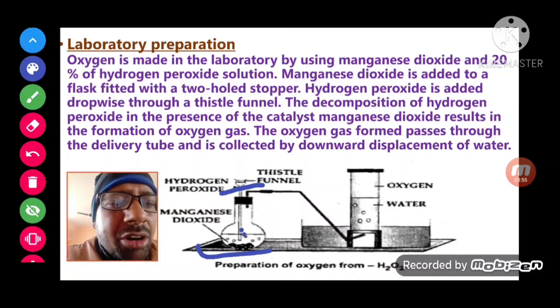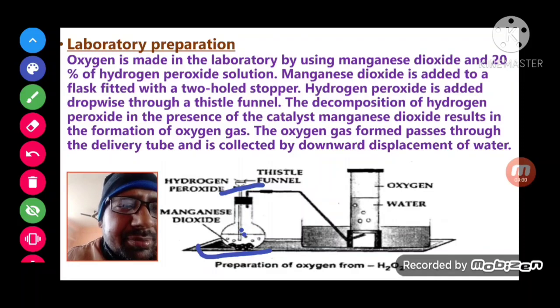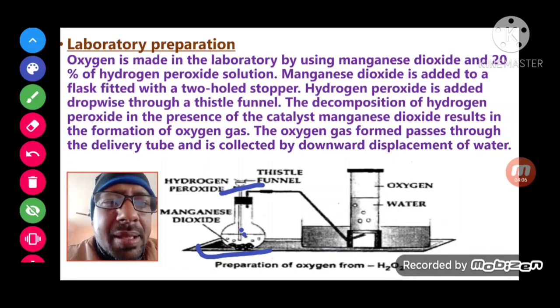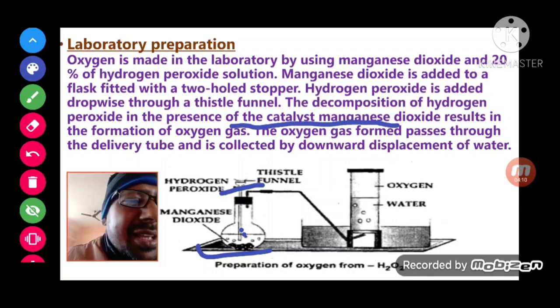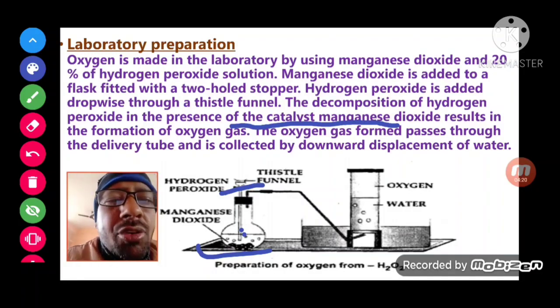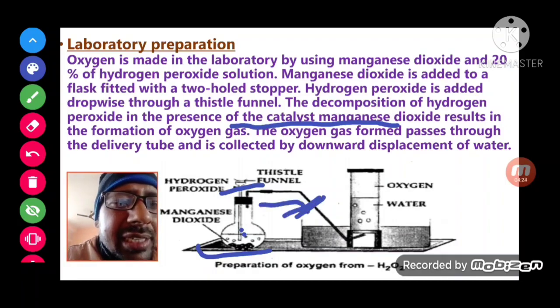And in that round bottom flask it contains manganese dioxide, and that manganese dioxide acts as a catalyst. Here I have written peroxide in the presence of catalyst manganese dioxide results in the formation of oxygen gas, and that oxygen gas formed passes through the delivery tube. Where is the delivery tube? You can see clear. Here is the delivery tube.